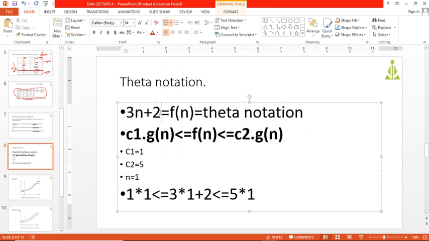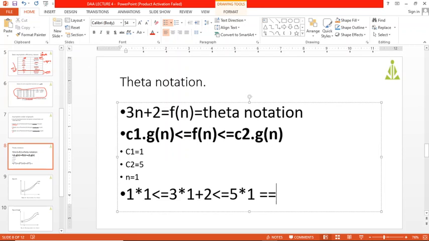We have taken the same example for big O, big omega and big theta, but we are giving the values in such a way that our condition is satisfied.